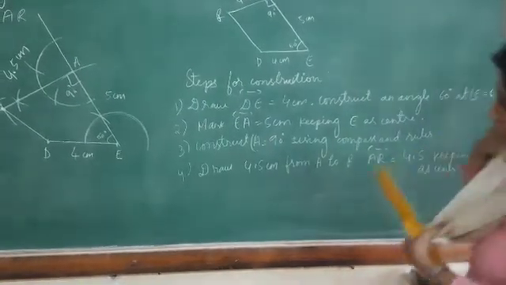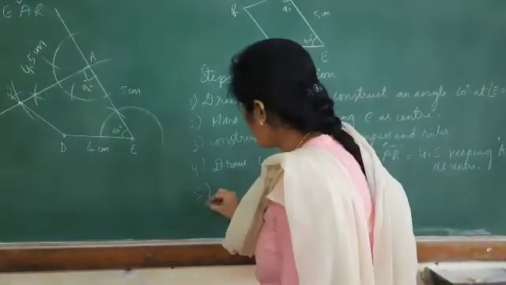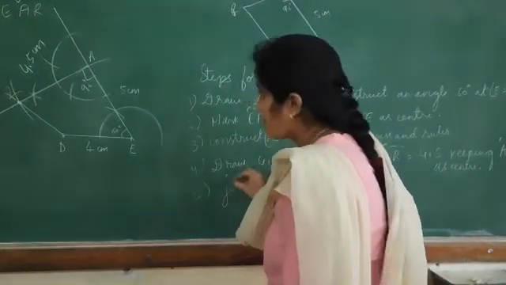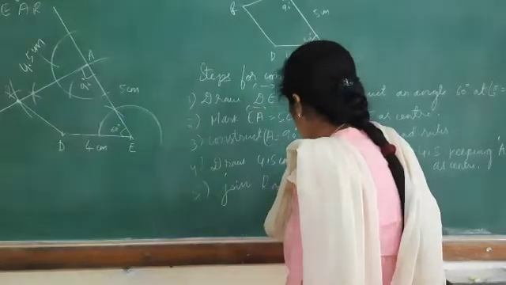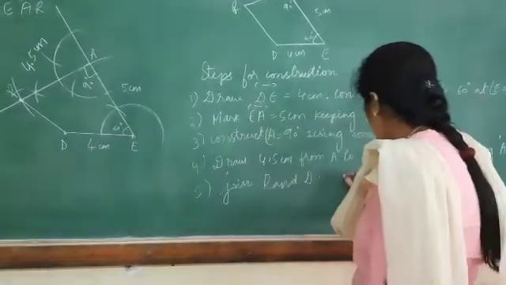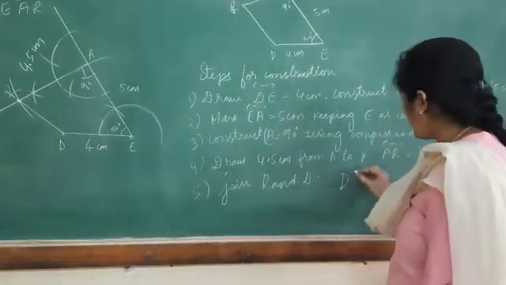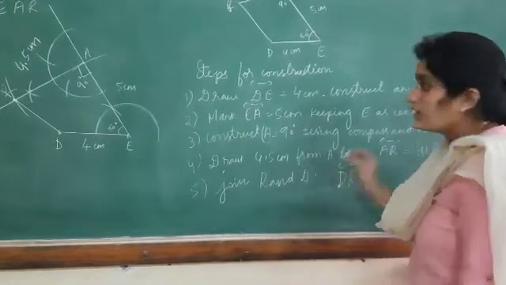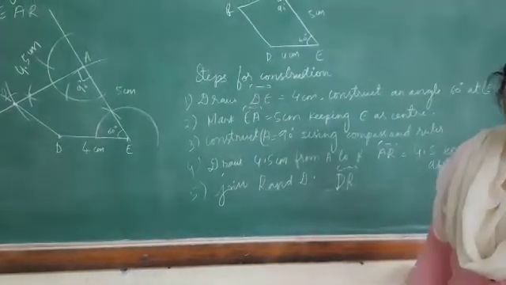Now, after marking R, fifth step, join R and D, that is line segment DR. Thus, the construction is done.